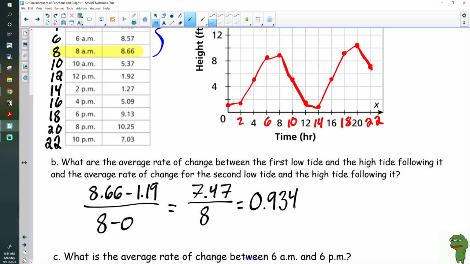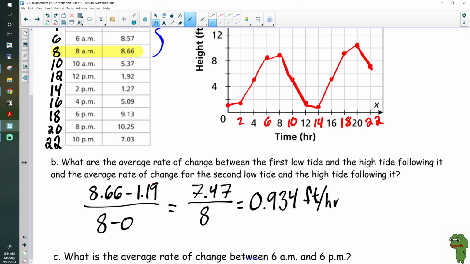If we look at our y-axis, this is feet per hour. So about how much is the water rising by per hour? Almost 1 foot. So every hour from 0 to 8, the water is rising about 1 foot at a time. I mean, a little less, it's 0.934, but that's almost 1 foot.